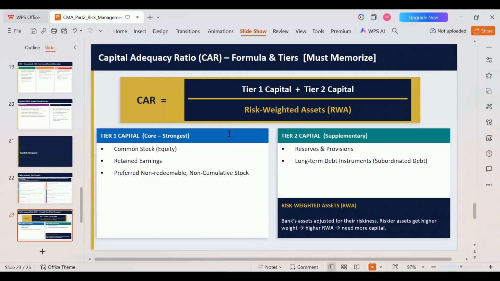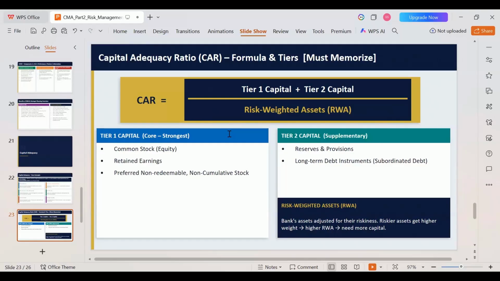Deposits of people, and there will be many people who buy lockers to store their jewels and all. These jewels which they have kept in the bank, all of them together are put up as the bank's assets. Okay, so if there is any increment in the assets' value, that comes as Tier 2 capital. They mostly don't depend on Tier 2 capital. Most income will be from Tier 1 capital itself.